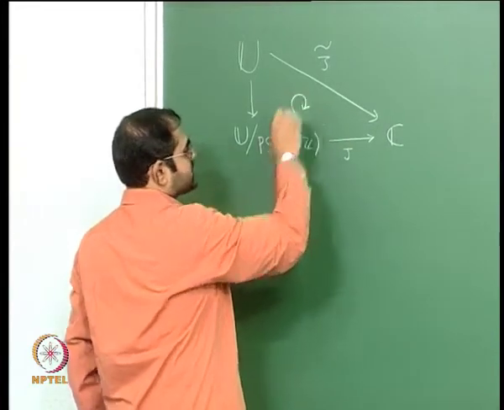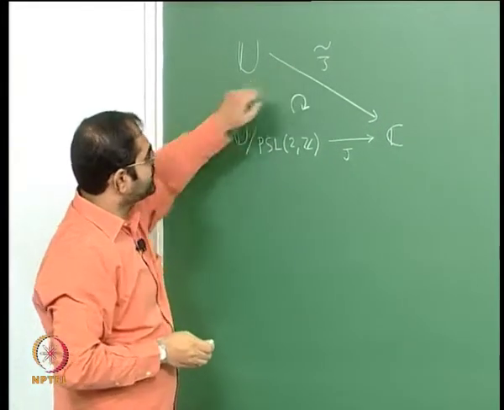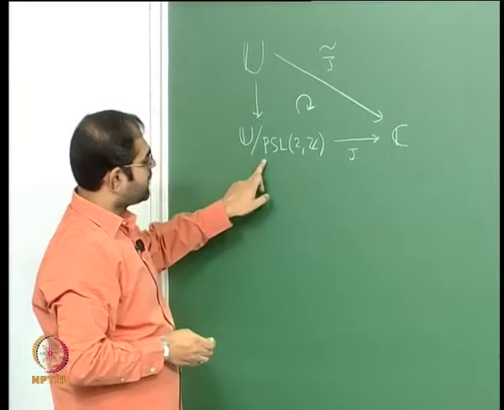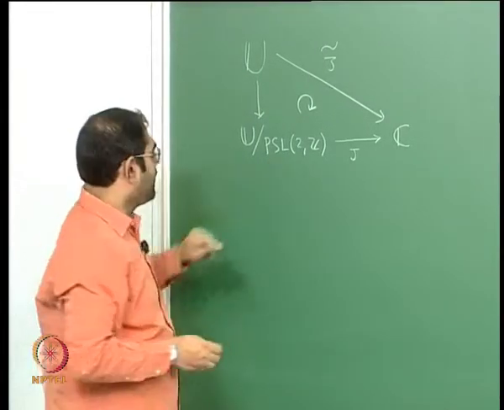So this diagram commutes. In other words, j tilde is invariant for the action of the unimodular group, okay.